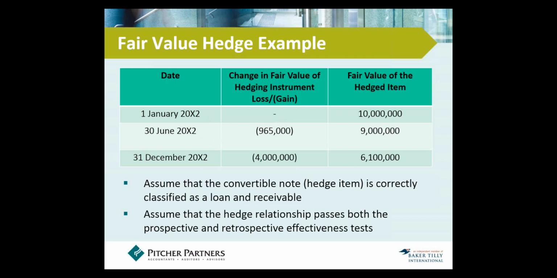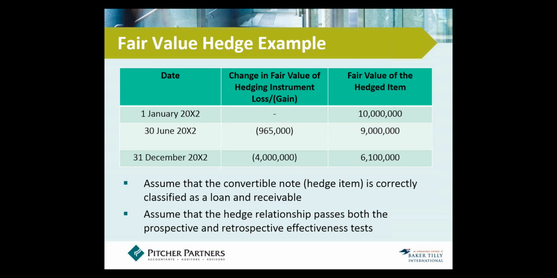Then on 30 June, 6 months later, our interest rate swap now has a fair value. At 30 June year 2, it's got a gain, so it's a financial asset, and the fair value of the hedged item has gone down. So we can see this has been a good thing because our derivative increased in value and our hedged item decreased in value, and then the same happens at 31 December.